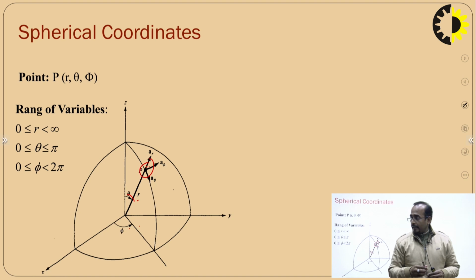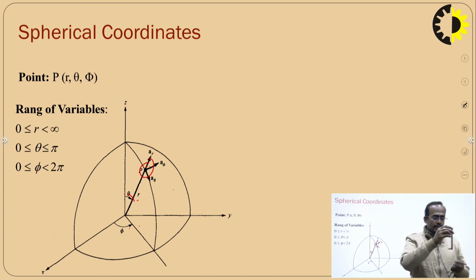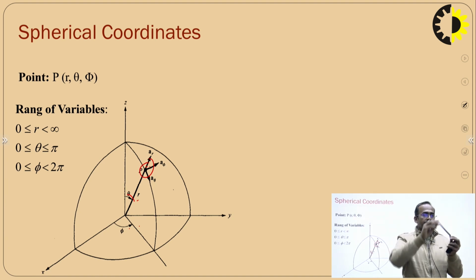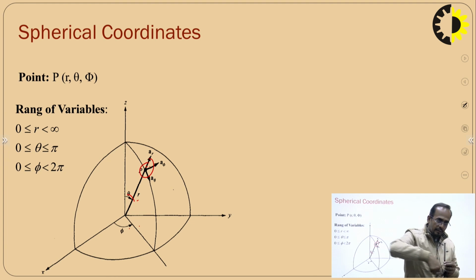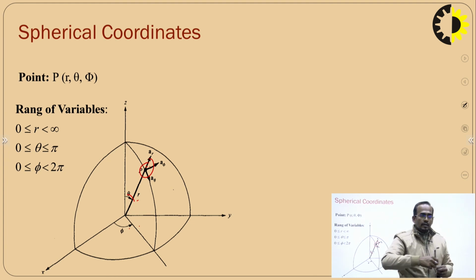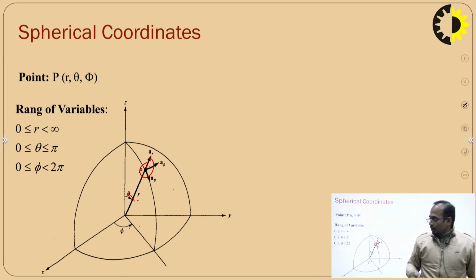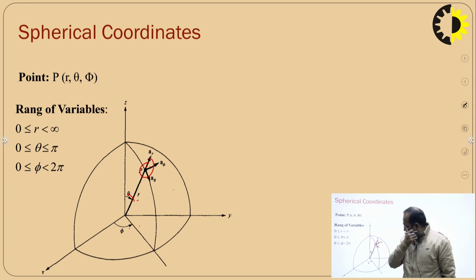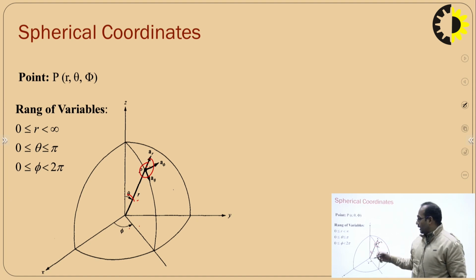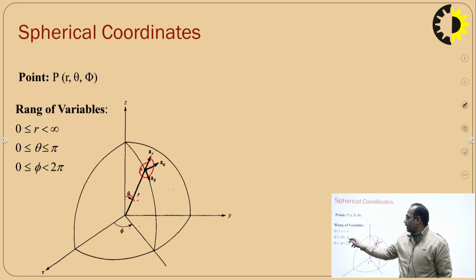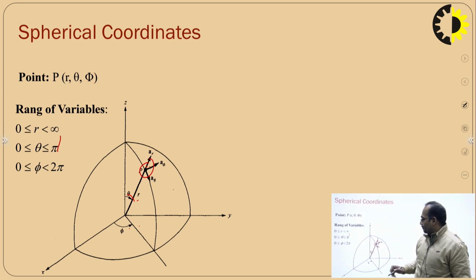Or you can say if I want to make a circle, I have to vary theta from 0 to 2 pi, and for making a circle in this plane I have to vary phi from 0 to 2 pi. And what will be the value of r? The value of r will be from 0 to infinity.